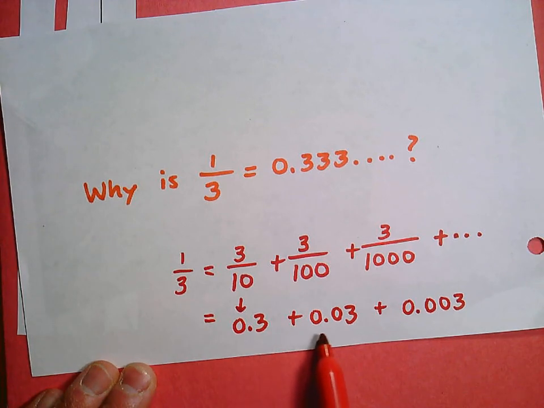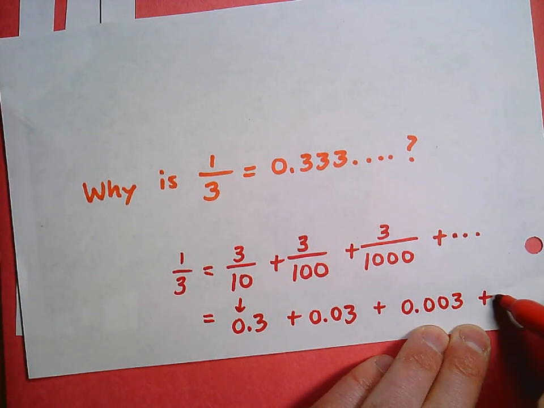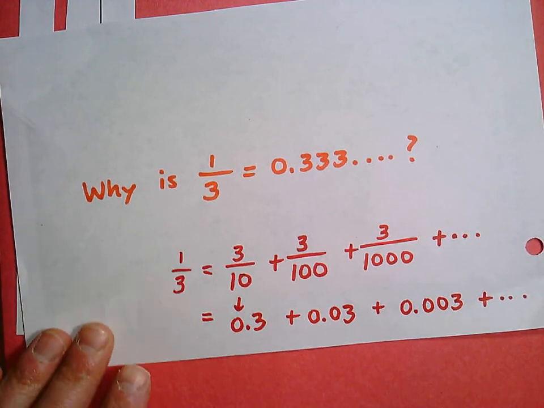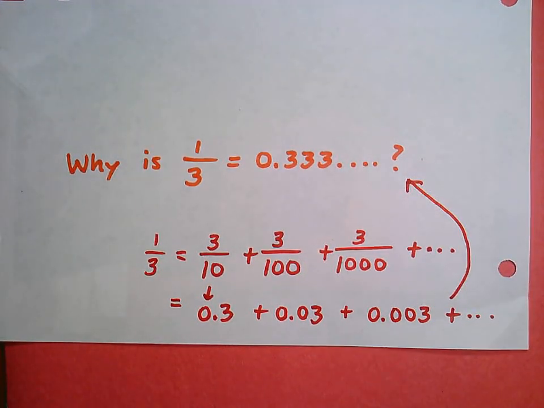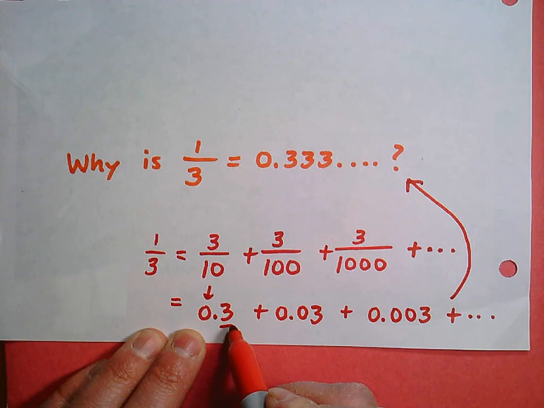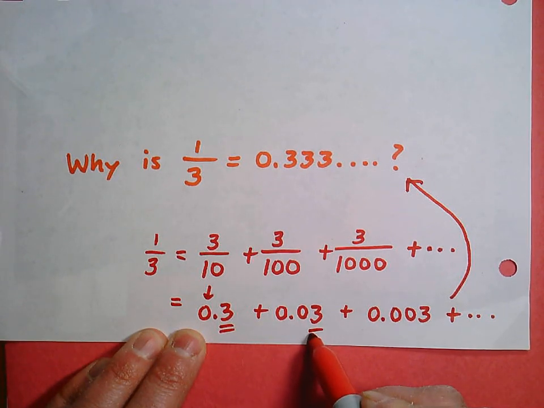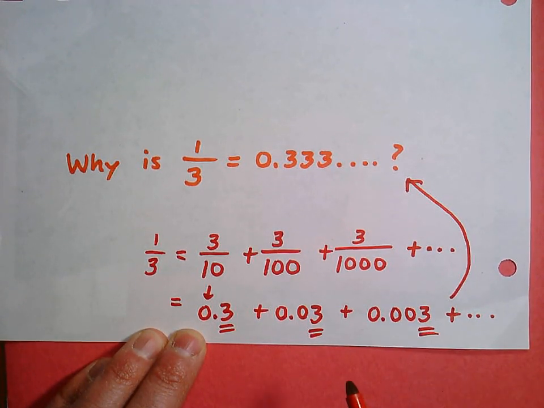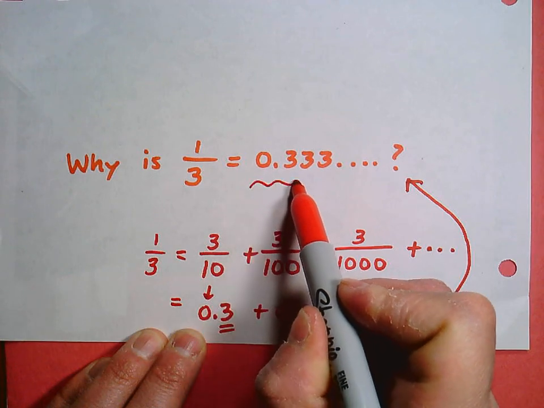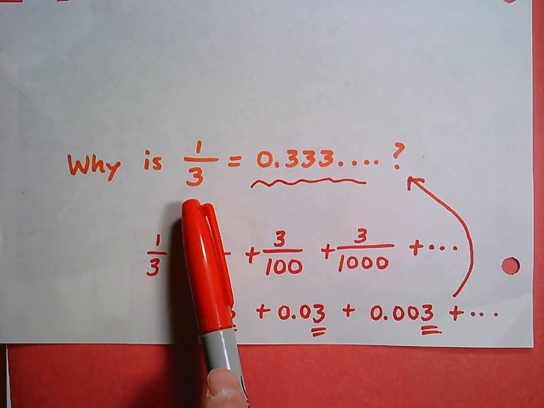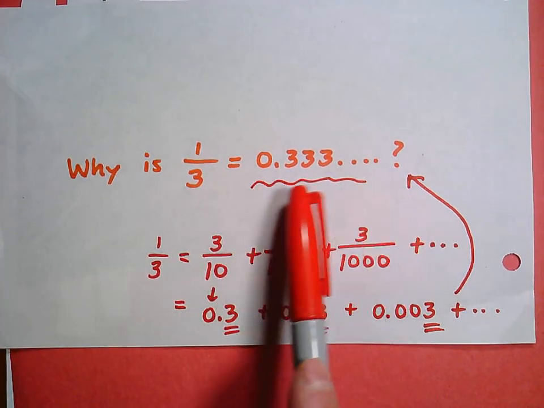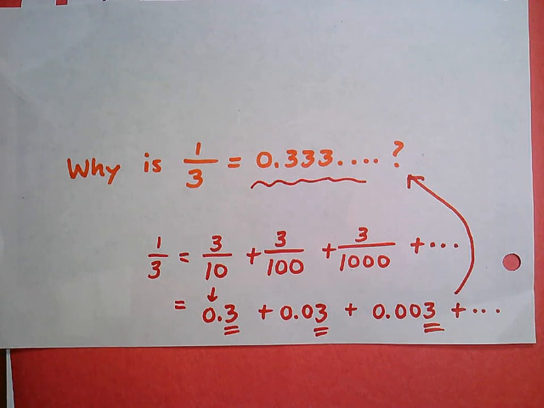So now if you do the mathematics here, right, you actually add these up, I think you can see it. What you're going to get is this, right? You're going to have a 3 in every single location. In that first location, the second location, the third location, right? So you're going to get exactly this representation. So that's a nice way to show that a seemingly innocent fraction like this actually has a very interesting decimal representation.